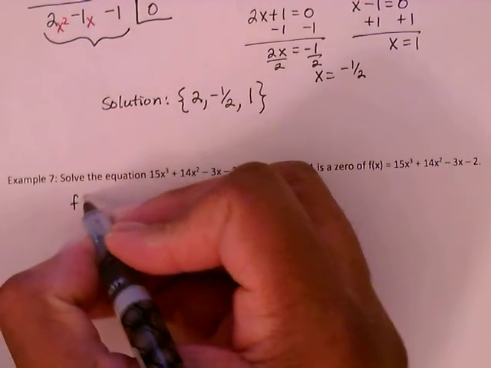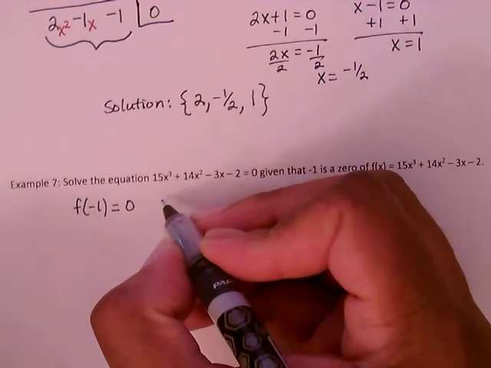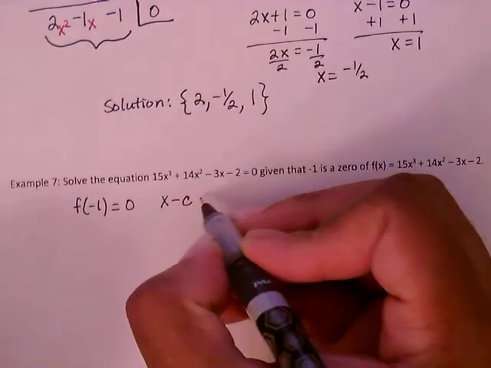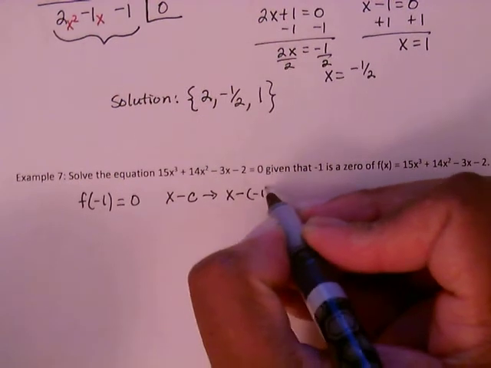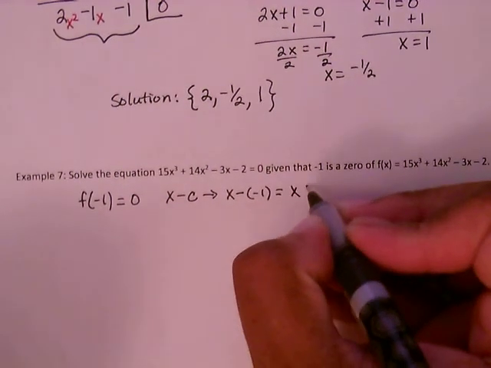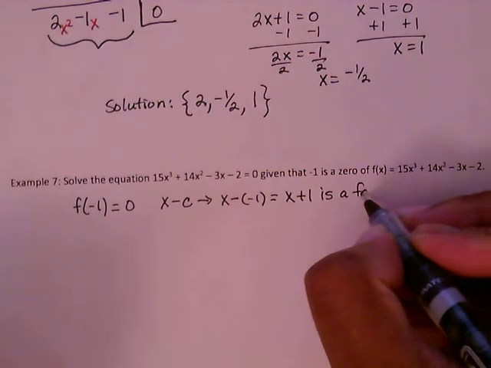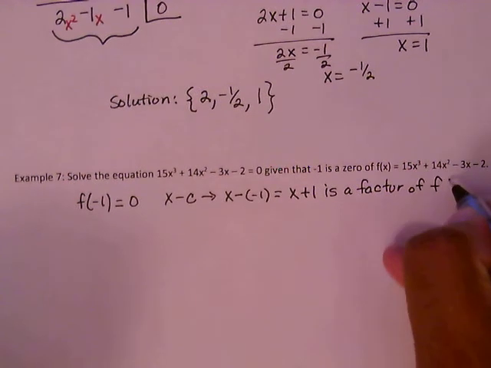That means that f of negative 1 is equal to 0. And that would mean, by the factor theorem, x minus the constant, which is negative 1, or x plus 1, is a factor of the function f of x.